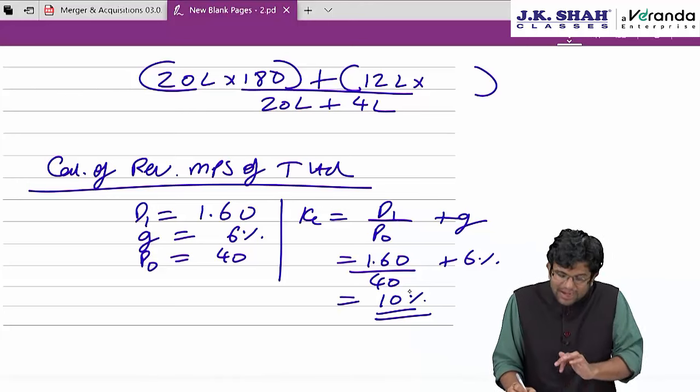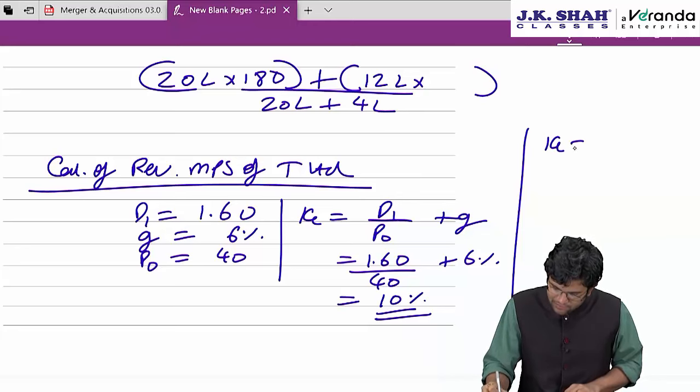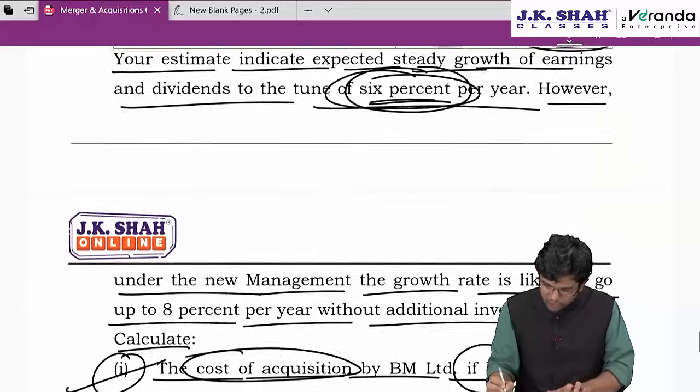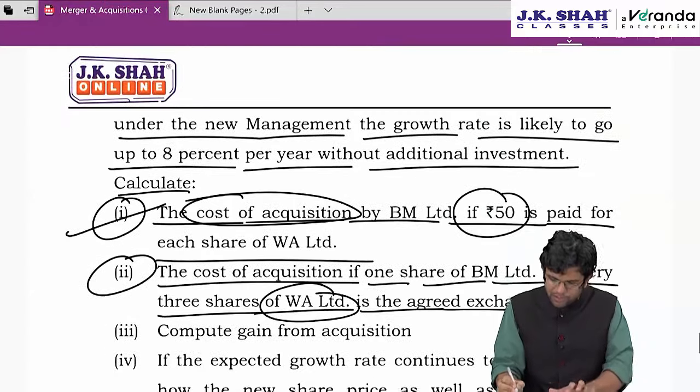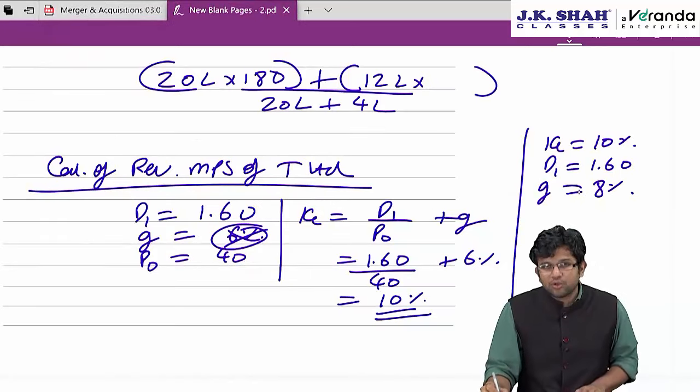Let us now calculate the revised MPS. Students, for revised MPS, do you realize that my KE will remain at 10%, my D1 will remain at 1.6, but my growth rate now will change from 6% to 8%. I'll show you where they have given to you. They are saying, however, under the new management, the growth rate is likely to go up to 8%. So students, here the growth rate is 8%.